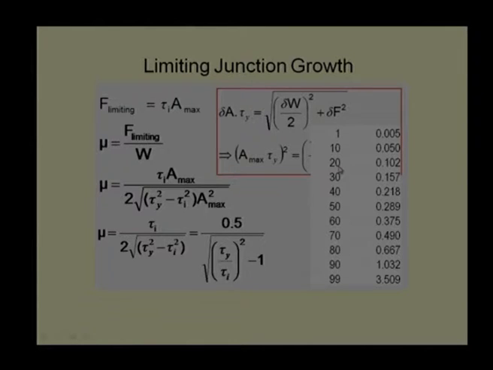We further increase to 20%, what do we get? It is almost double, from 0.05 to 0.1. Similarly, we can do more iterations and we come to the result. See, when it is 99%, the interface shear strength is 99% of the bulk shear strength of the soft material, and the coefficient of friction is predicted as 3.5, which is very close to the result from experiments.